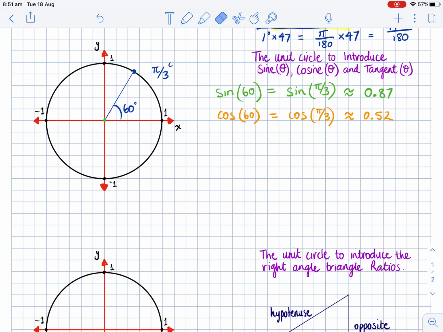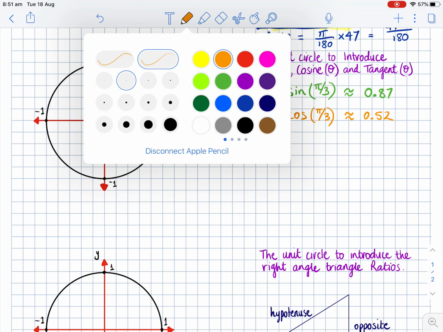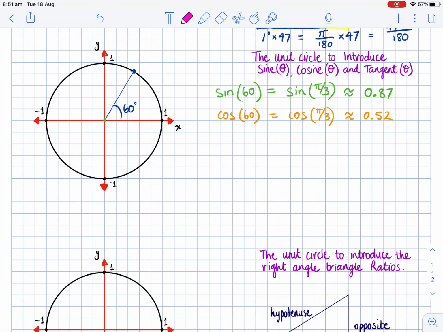Okay. So what about tan? What's tangent? Well, a tangent line is a line that represents a curve at a point. So if I drew one single straight line to represent the unit circle where it hits the x-axis, that line would look like this.